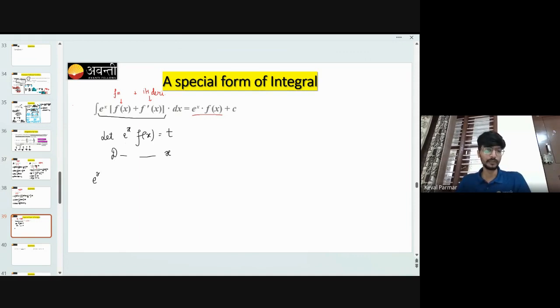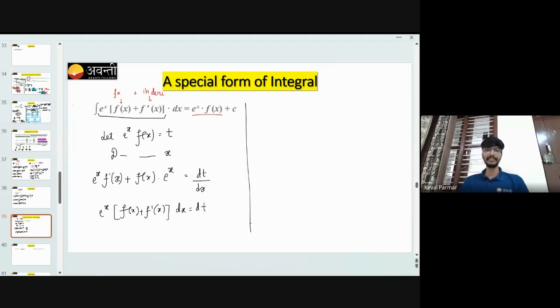So e raised to x into derivative of f of x, which is f dash of x, plus f of x into derivative of e raised to x, which is e raised to x, is equal to dt over dx. Now on the left hand side, I can take e raised to x common. What will I get? f of x plus f dash of x, and cross multiplying dx, I'll get dx is equal to dt.